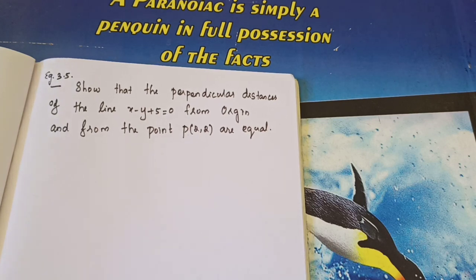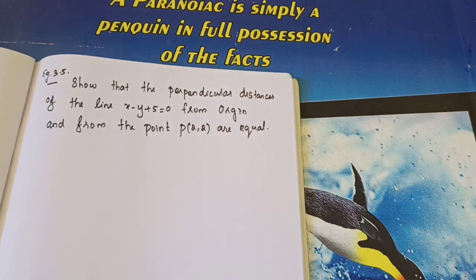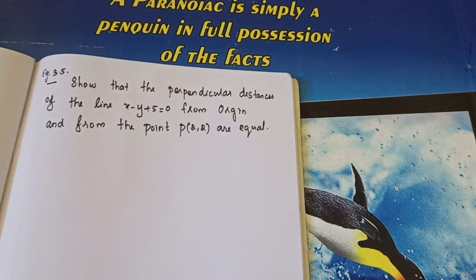Show that the perpendicular distances of the line x minus y plus 5 is equal to 0 from origin and from the point P of 2 comma 2 are equal. Show that the perpendicular distance of the line x minus y plus 5 is equal to 0 from origin and from the point.